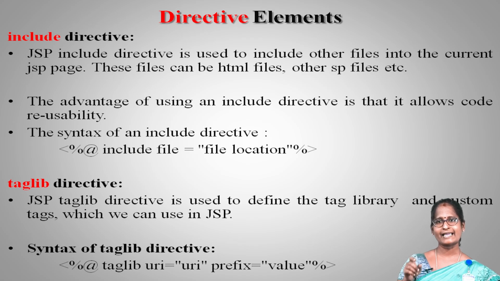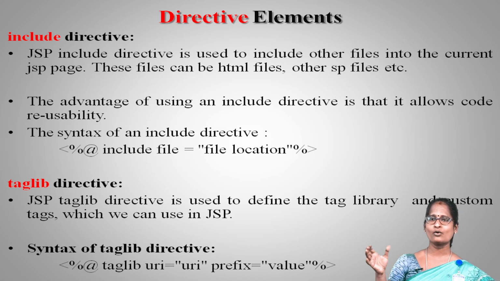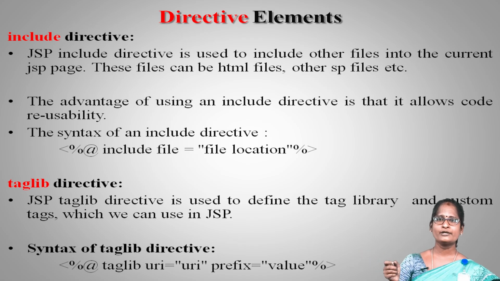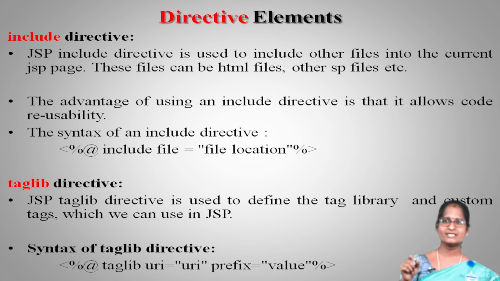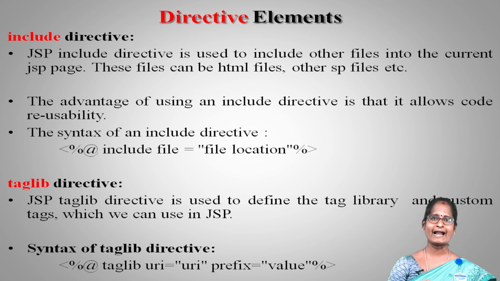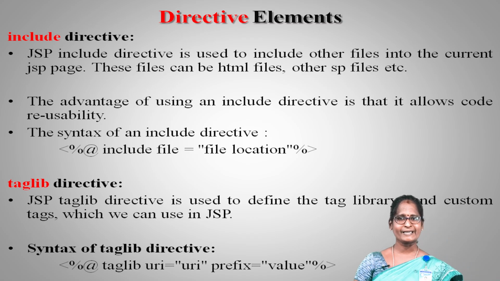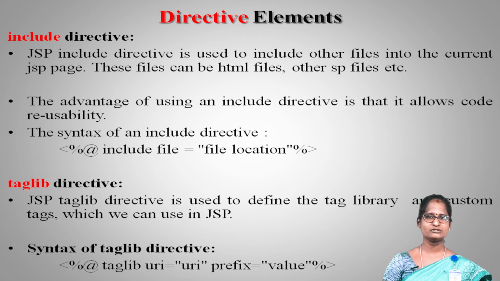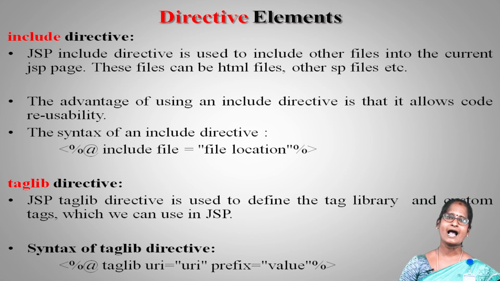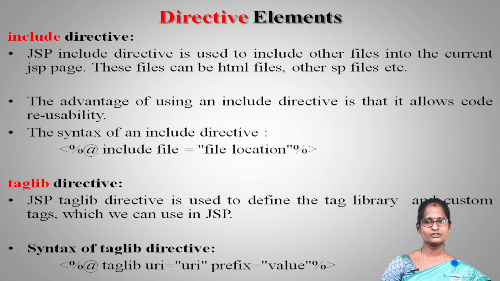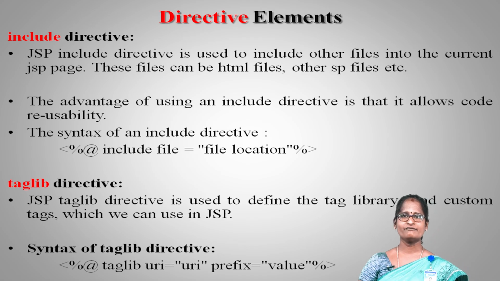The syntax is include file equal to file location, at the position where the file is to be added. Then the next one is the taglib directive. The JSP taglib directive is used to define a tag library and custom tags which we can use in JSP. The syntax is taglib uri equal to URI, prefix equal to value.